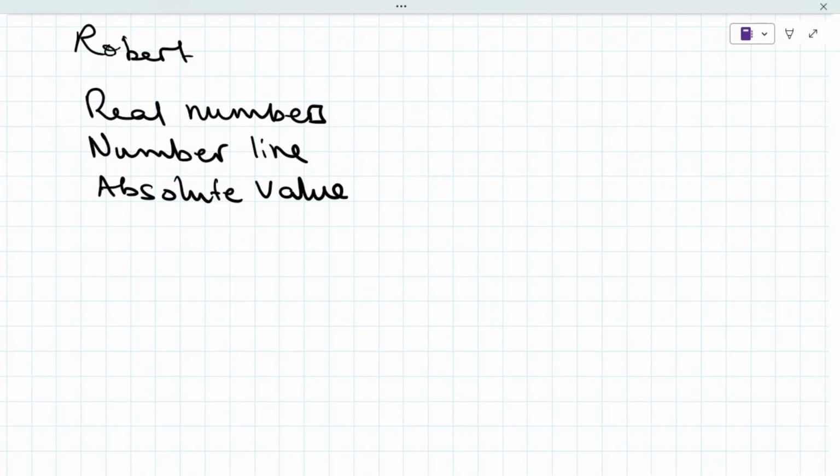Now that you understand sets, let's connect them to real numbers, the numbers we actually use in algebra.